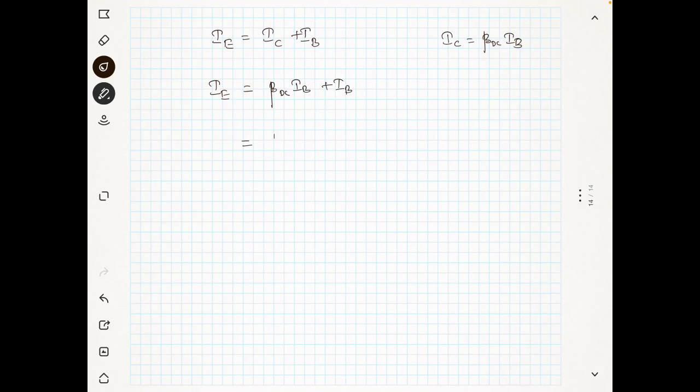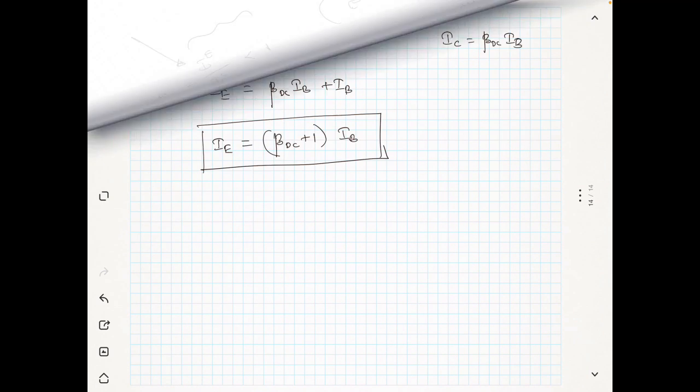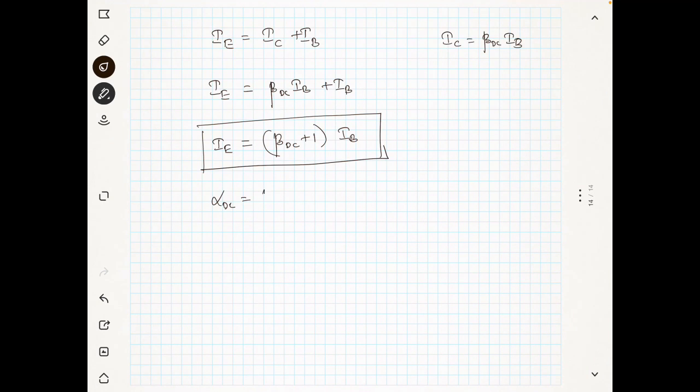I can take IB as common, so this is beta DC plus 1, into IB. So IE has another relation like this. Now, this ratio, IC over IE, has a name. It is known as alpha DC. So we have alpha DC as IC over IE.